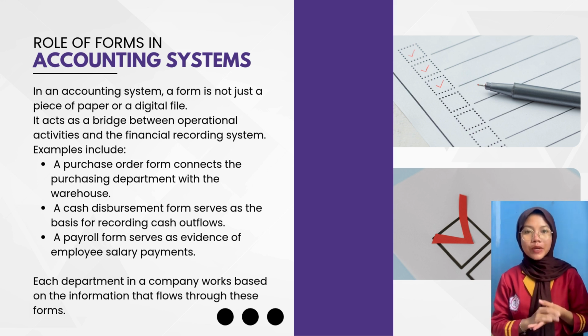A cash disbursement form serves as the basis for recording company expenses. A payroll form becomes proof of employee salary payment. So, every department within a company works based on the information that flows through these forms.